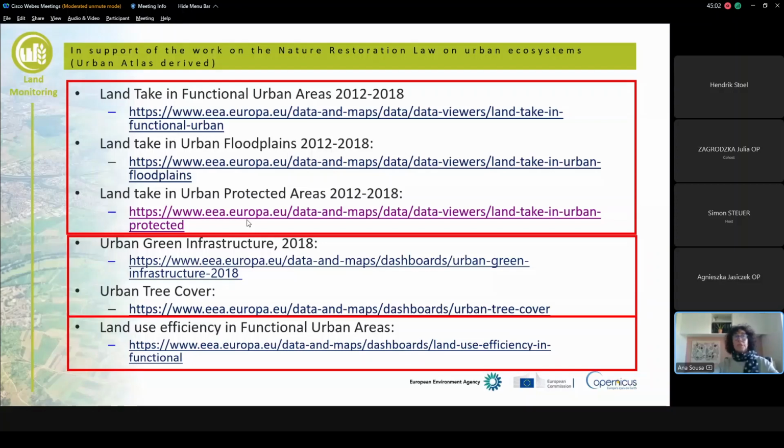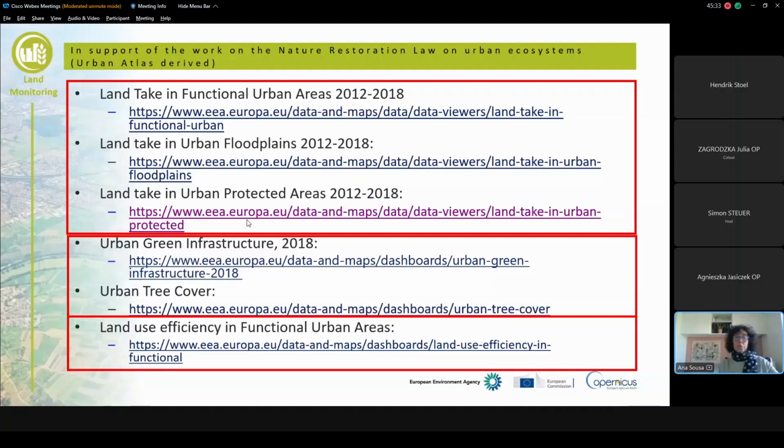The first three, which I highlighted in the first polygon here, the red one, refer to land take in functional urban areas, in urban floodplains, and in urban protected areas. The land take indicator addresses changes in the areas of agriculture, forest, or other semi-natural lands that are taken over for urban or other artificial land developments, therefore the name land take.